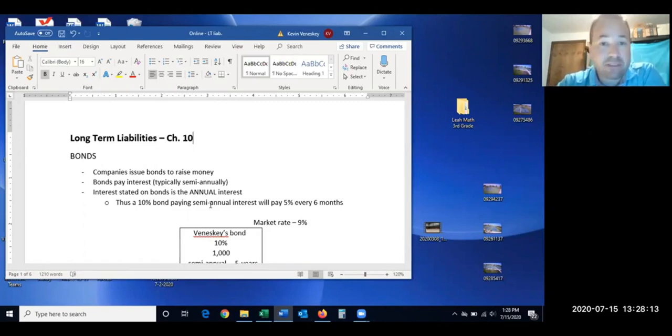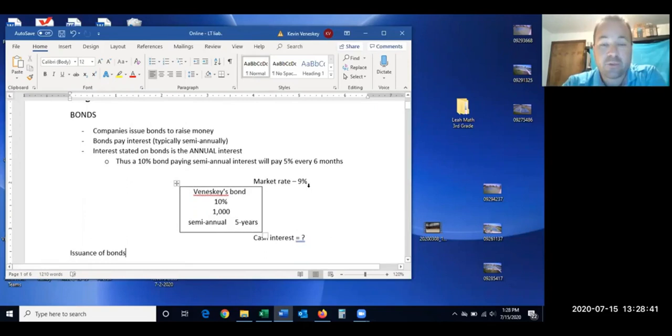If you took the rate, 10%, times the time being one half of a year, that 10% is really like paying 5% every 6 months. So even though it's a 10% bond, that's what it pays for the whole year. But after 6 months, it only pays 5%, and then the other 5% the next 6 months.